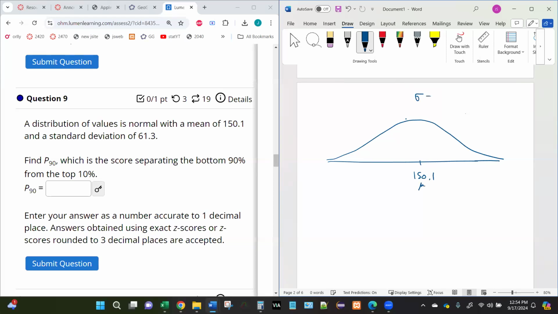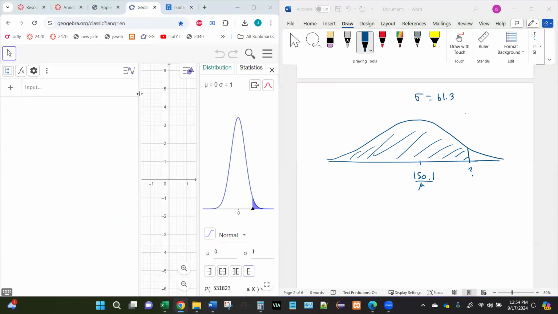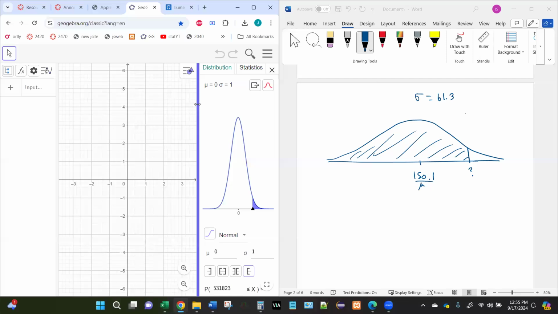The standard deviation is 61.3. And we want to find the 90th percentile. That is the value in the distribution such that 90% of the distribution is below it. So we know it's got to be more than 150.1. So how do we find the exact 90th percentile? Well, we use technology or the table, but just use the technology.